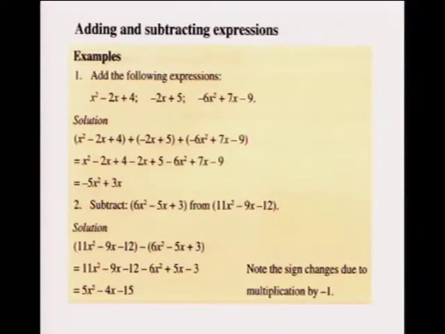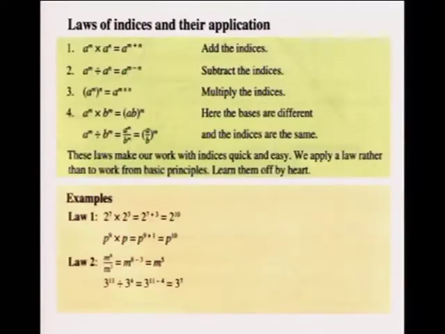And then, if you have subtraction, minus, then the signs are all changing. So note that the sign changes due to multiplication by -1. And don't add your x values to the x squared values, for example, or to your whole numbers. The solution stays 5x squared minus 4x minus 15.